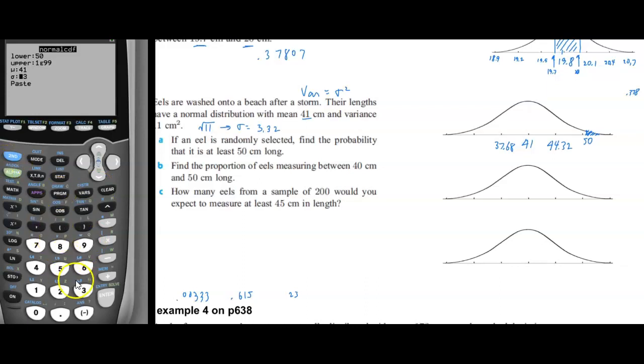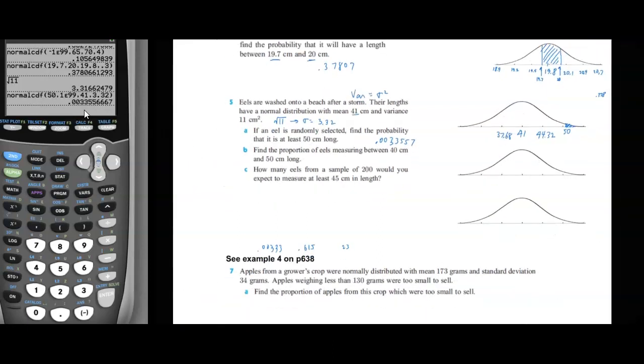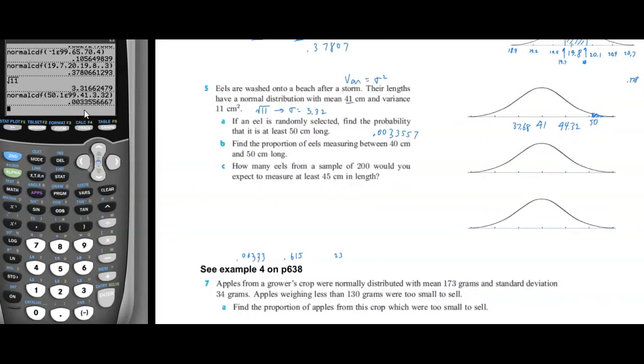Okay, you can actually type in square root of 11 there and it'll calculate it for you in real time, but I'm just going to put 3.32 because we already know it, and the answer is 0.0033557. Okay, and let's see what's next.